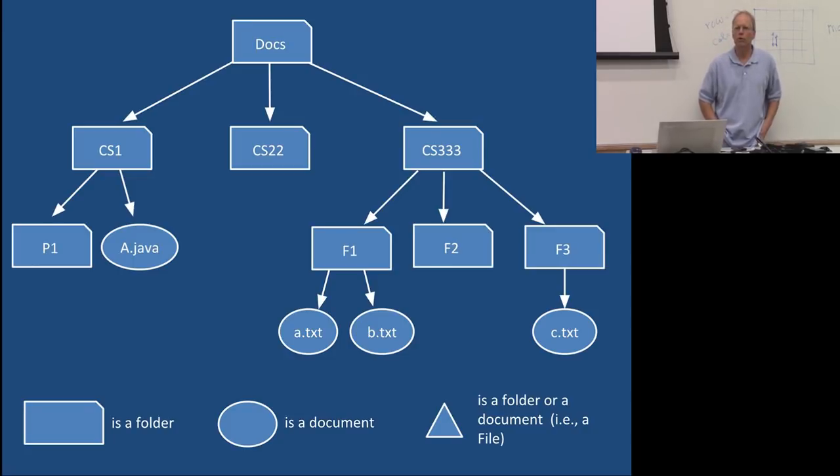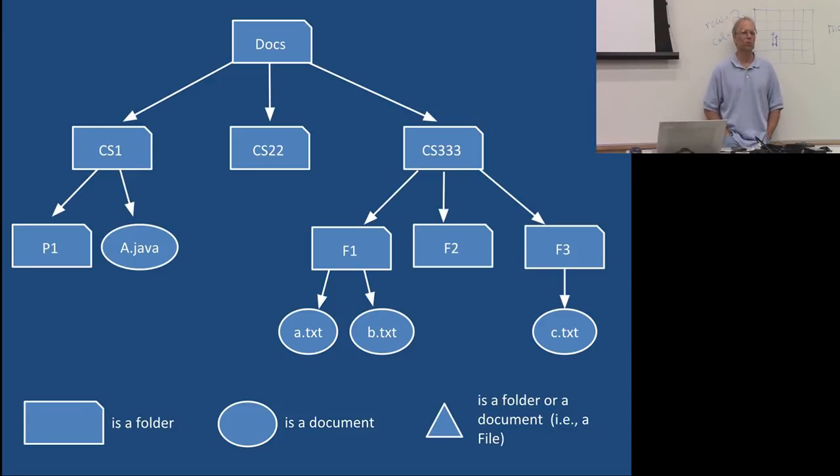So what would be the 2 kinds of file systems? What's the simplest file system you could think of? Yeah? File system that's empty. Well, a file system that's empty, we're actually not going to have that. I'm not going to allow an empty file system.